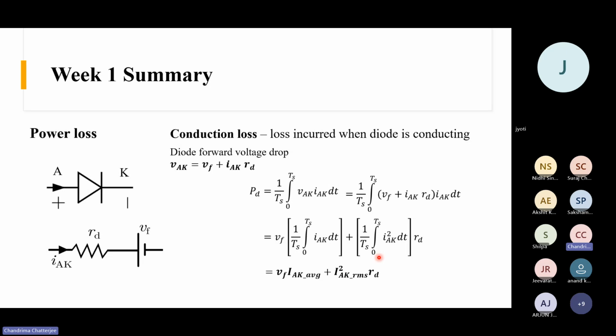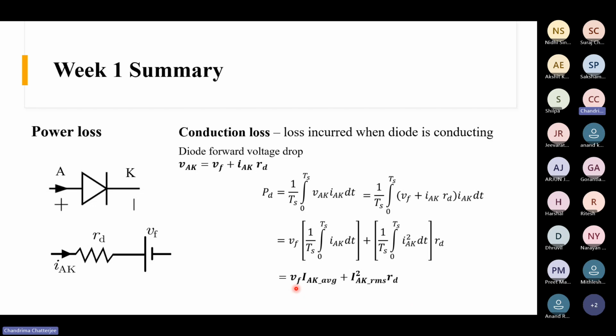If we want to calculate the conduction loss, this is the way. We need to know the average current flowing through the diode and also the RMS current. Then only we get the whole expression. Is it clear for everybody?